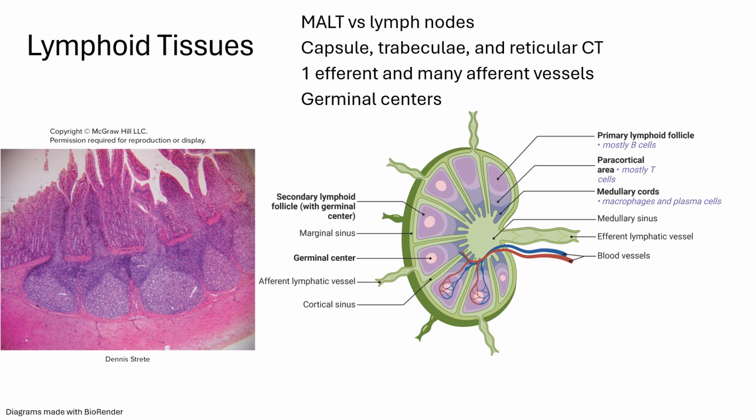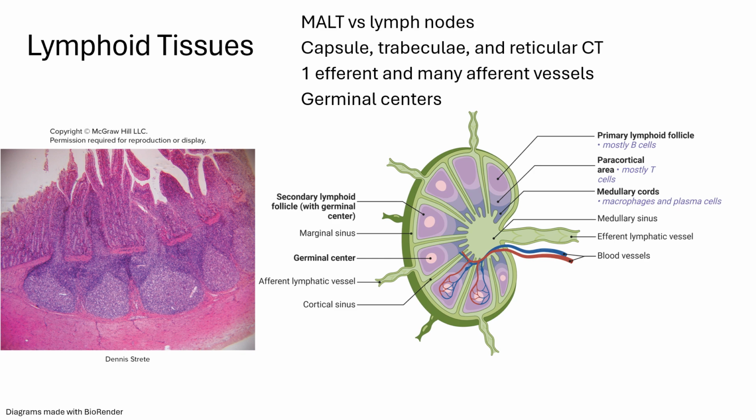That's the framework. And it's a loose connective tissue, kind of along the spectrum between areolar and adipose tissues. Reticular connective tissue, as its name implies, has a very rich collection of only reticular fibers that are squiggly.